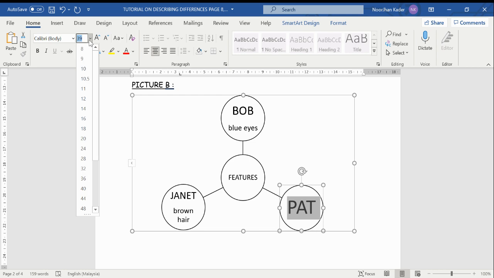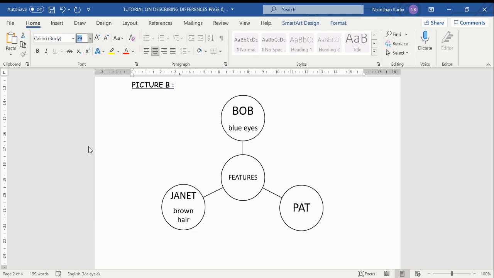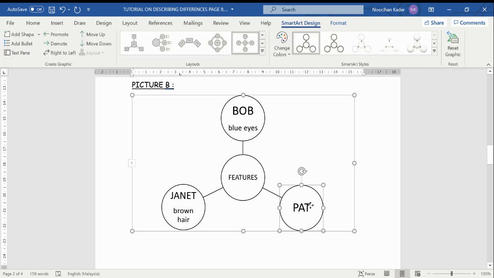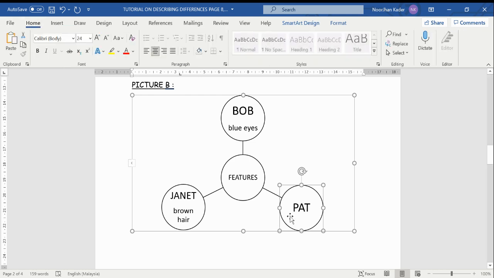Then after making a table, you can make it simpler by making a bubble map like this. That will make it easier for you to understand. So Pat has got straight hair in picture B.